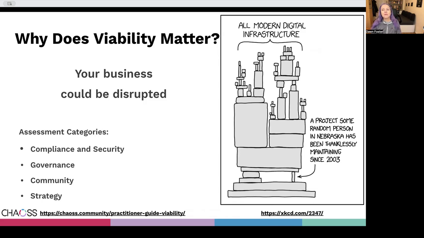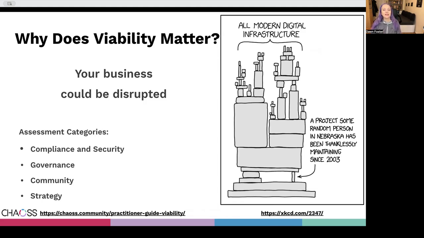The Assessing Viability Practitioner Guide looks at viability across 4 separate categories: compliance and security, governance, community, and strategy. It's particularly important to look at the viability of any open source projects that are critical for your ability to deliver products to your customers or users.